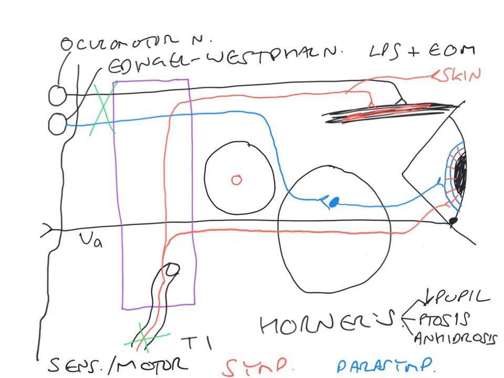And interestingly, the motor fibres and the parasympathetic fibres run in different places. The motor fibres tend to run deep in the nerve, like this, and the parasympathetic fibres tend to run superficially.